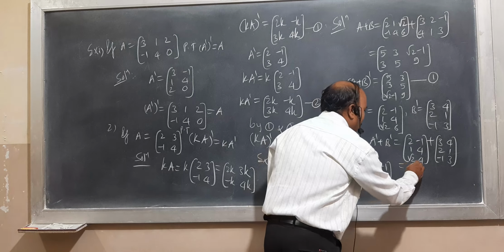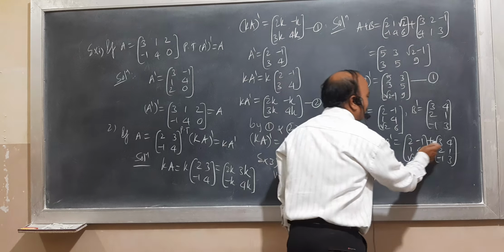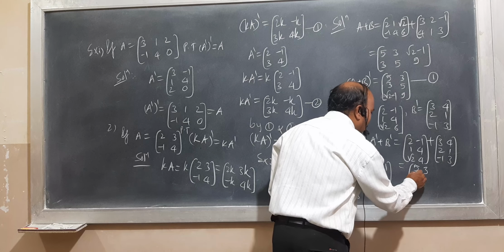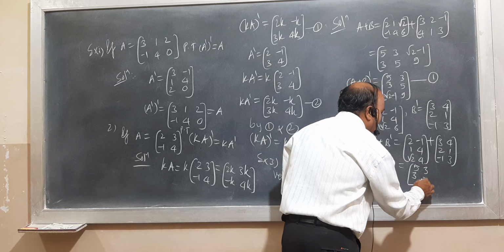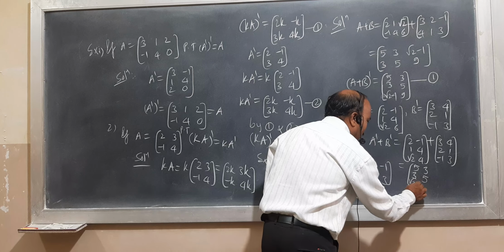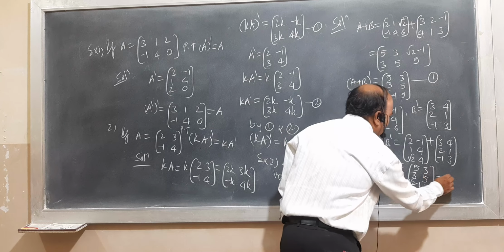So you get 2 plus 3 is 5, minus 1 plus 4 is 3, 1 plus 2 is 3, 4 plus 1 is 5, root 2 minus 1 is root 2 minus 1, 6 plus 3 is 9. Call this 2.